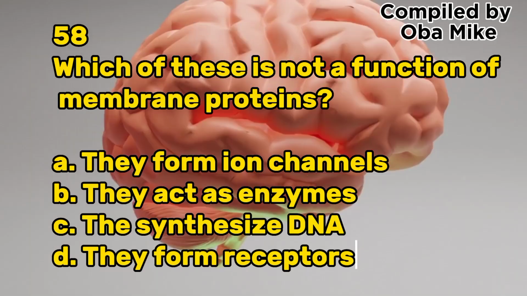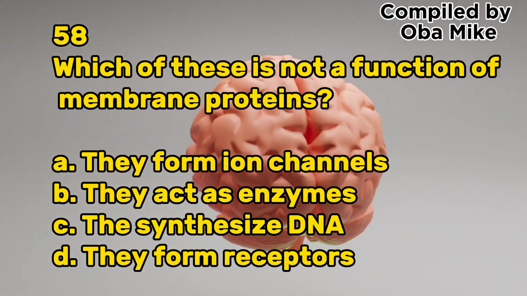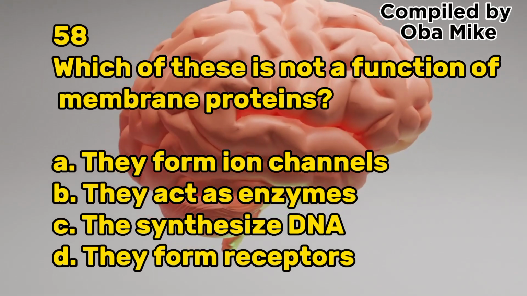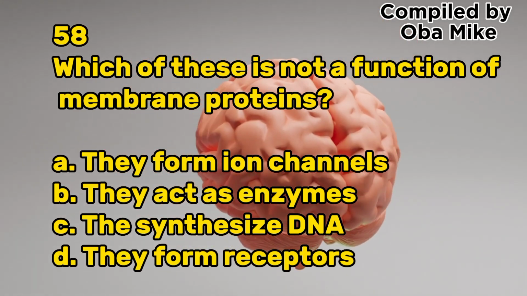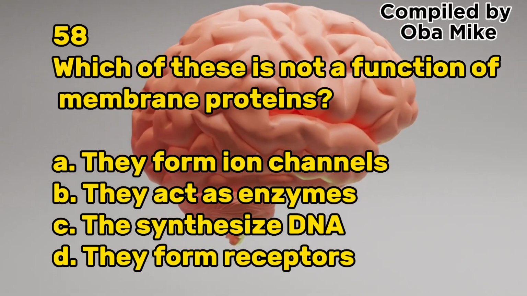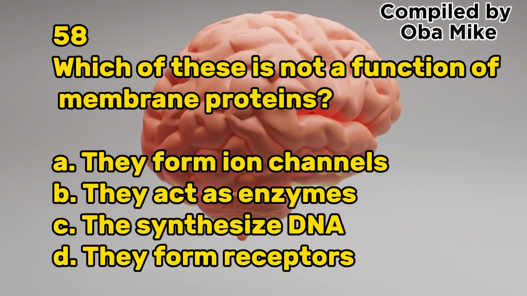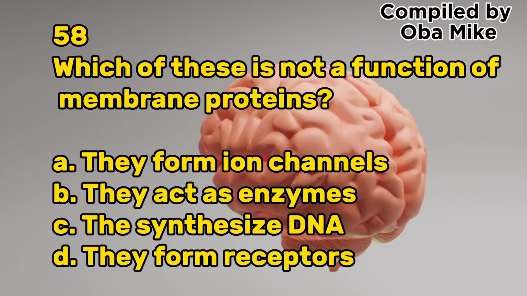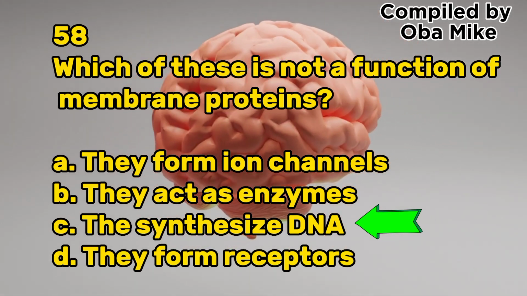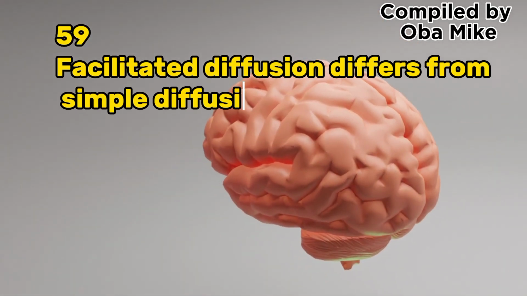58. Which of these is not a function of membrane proteins? A. They form ion channels, B. They act as enzymes, C. They synthesize DNA, D. They form receptors. 59.